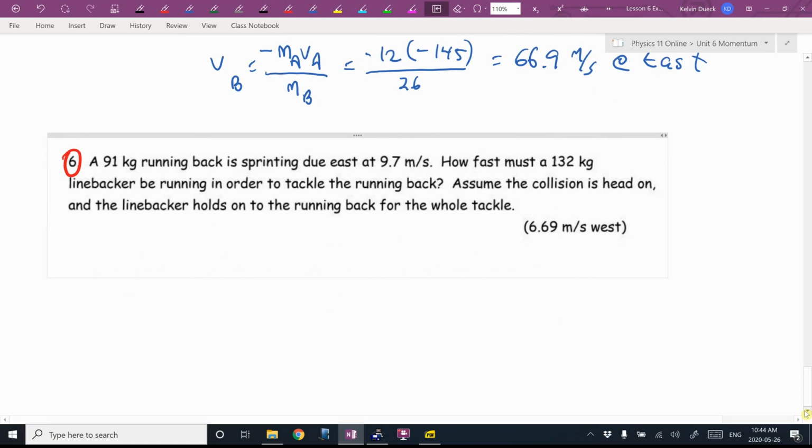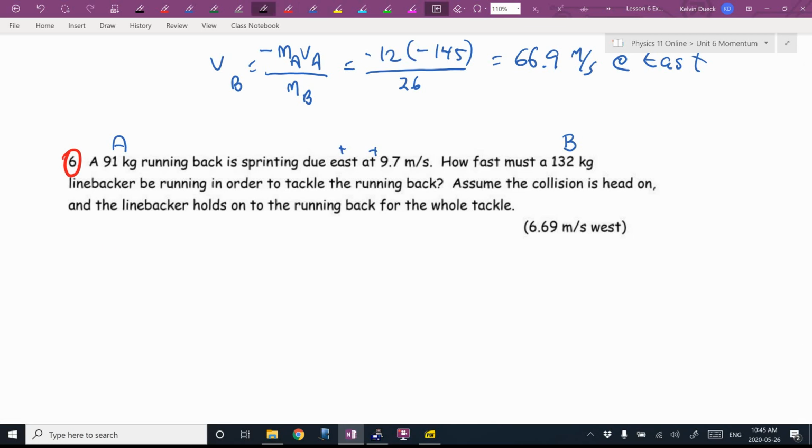Assume the collision is head-on, and the linebacker holds on to the running back for the whole tackle. Okay, so if they hold on, they stick together. I'll call this mass A. I'll call this mass B. And I'm going to call east positive.